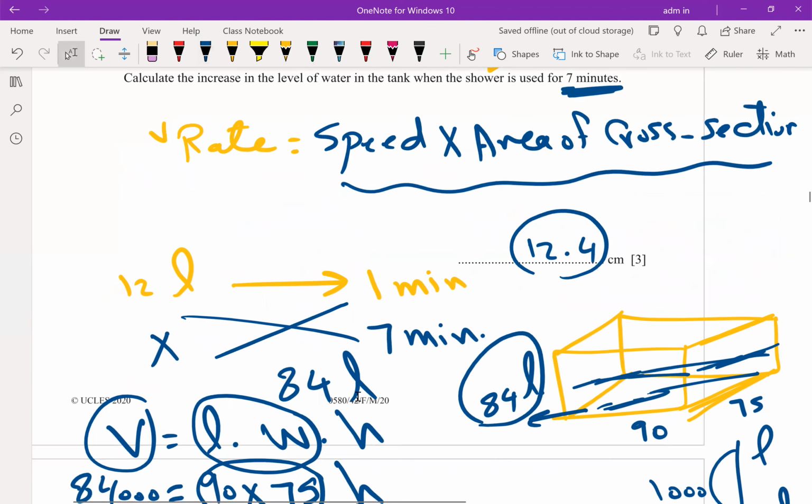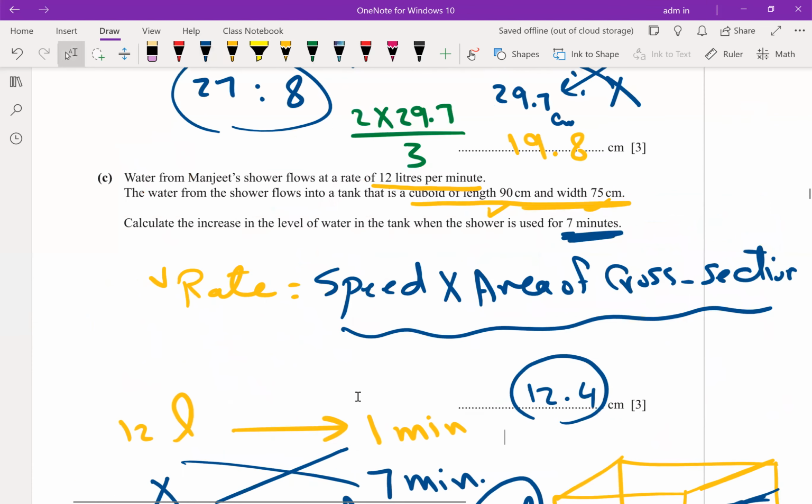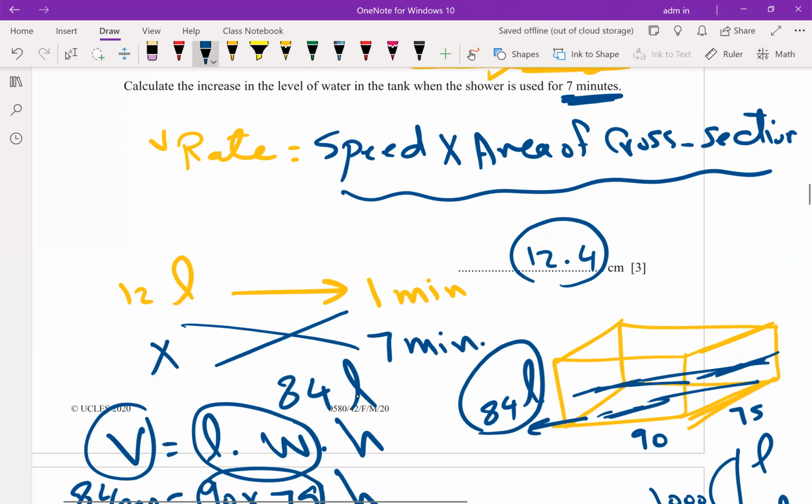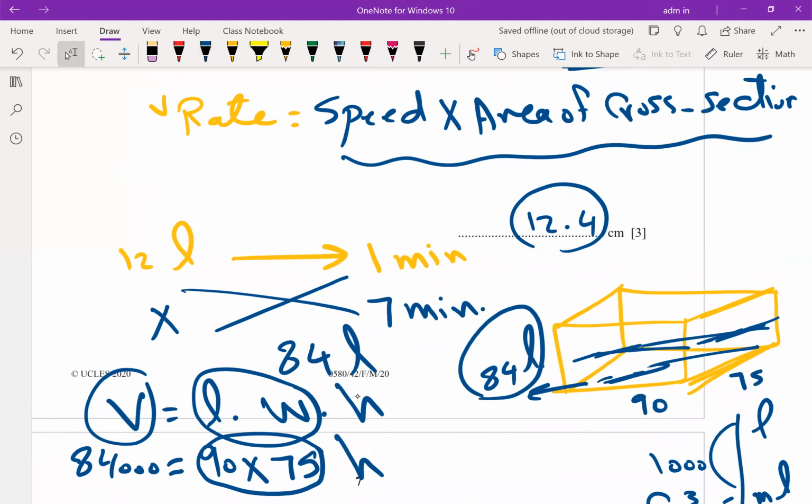I will explain this question again. The volume rate is speed multiplied by the cross section. But it's given in the question, the volume rate. So use the proportion directly. The volume rate is 12 liter per minute. So after 7 minutes, cross multiplication, it's 84 liter.